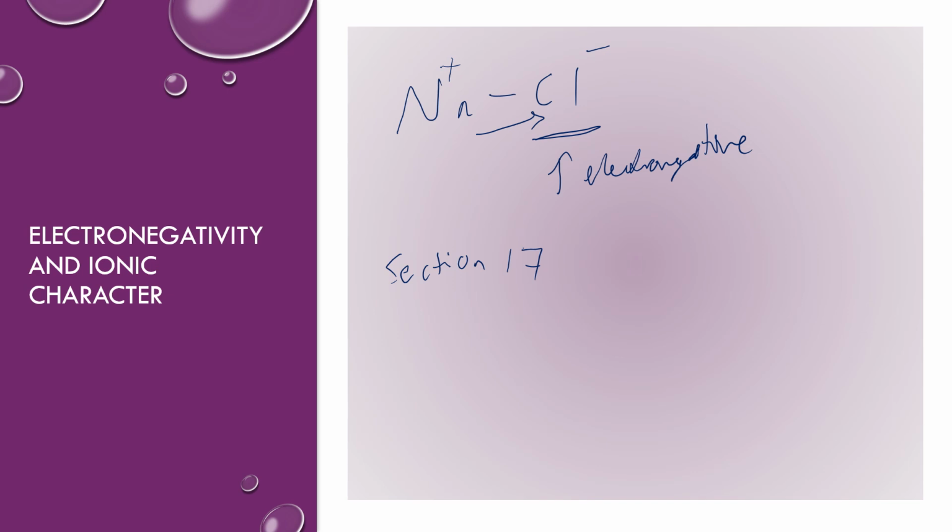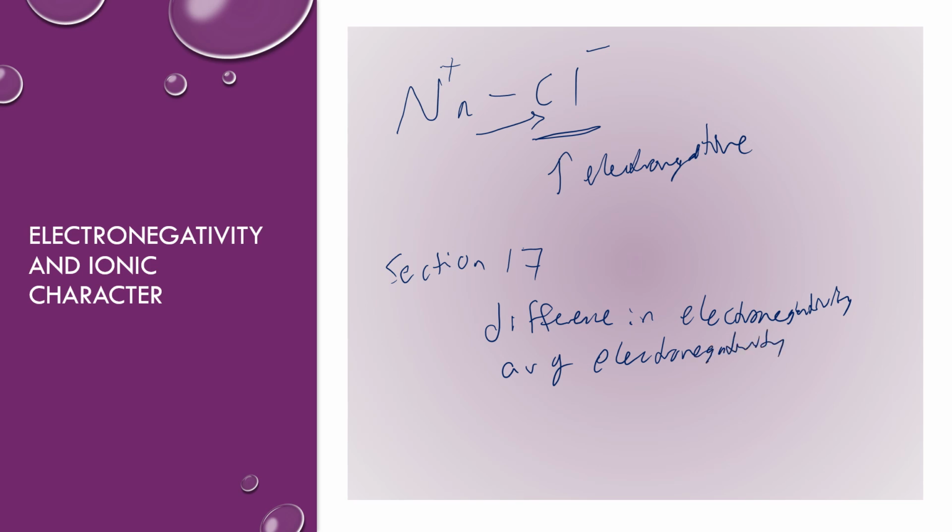But effectively, it's based off of two things: the difference in electronegativity and the average electronegativity. And both of those things are going to make up what we call the bonding triangle.